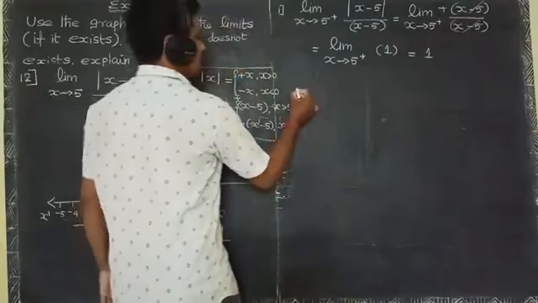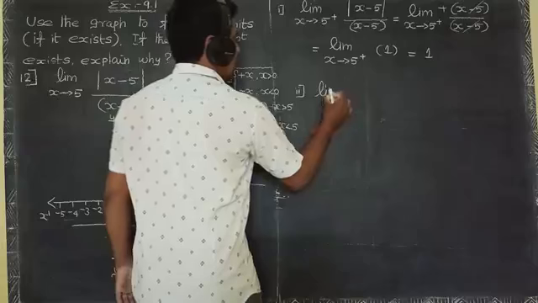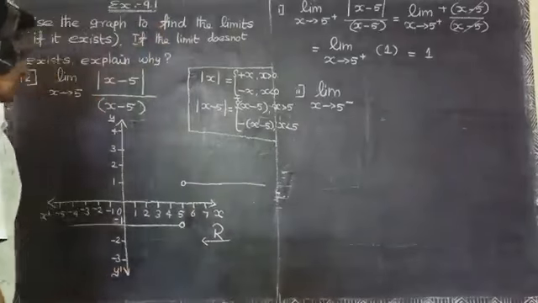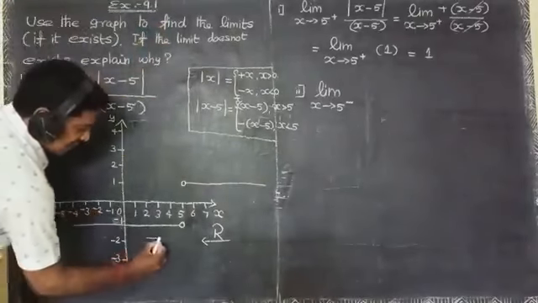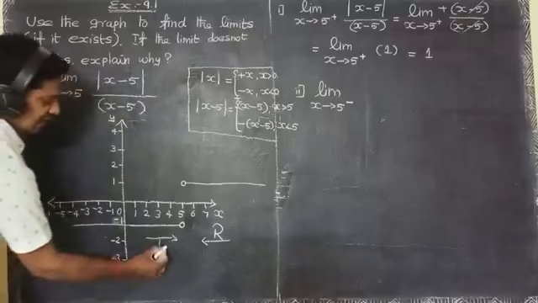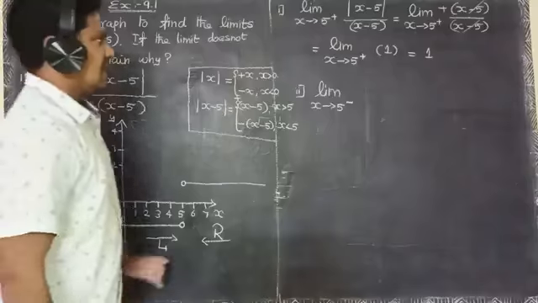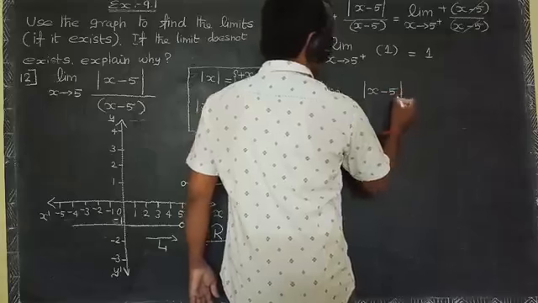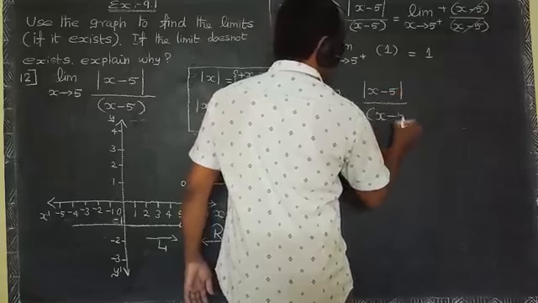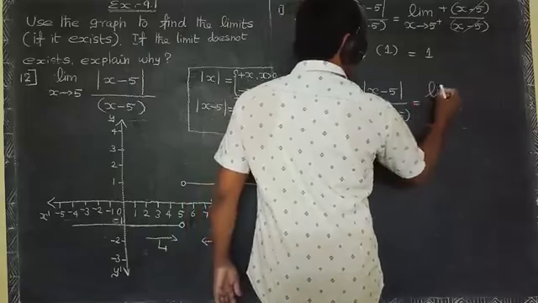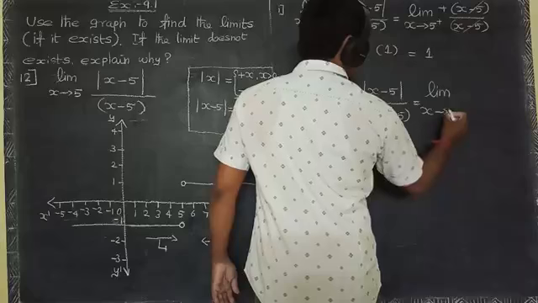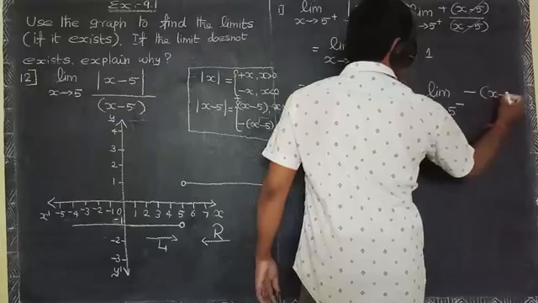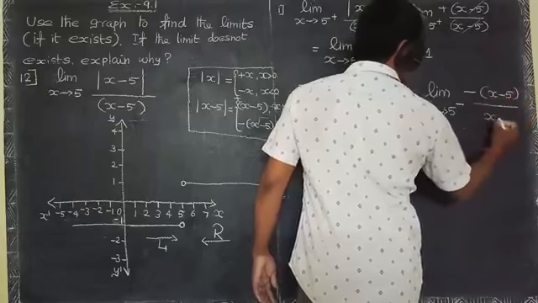In the second one, limit x approaches 5 minus means x approaches 5 from the left side. From the left side, we choose the factor for the absolute value function, that is, minus x minus 5 divided by x minus 5.